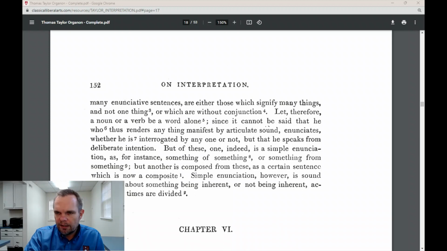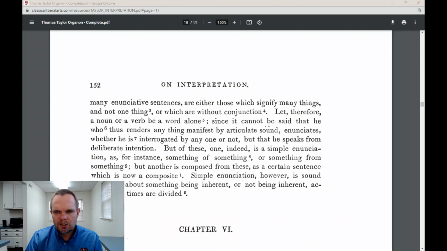He says, for enunciation to be produced, it has to be produced from a verb. And a noun and a verb alone are simply words. They're not enunciations. Even if a man is interrogated and responds with a single word, he does not enunciate. He speaks from, and this says, deliberate intention.